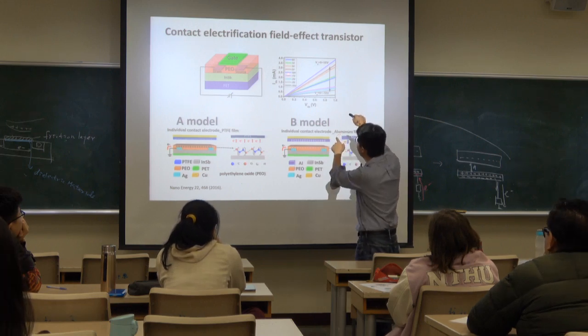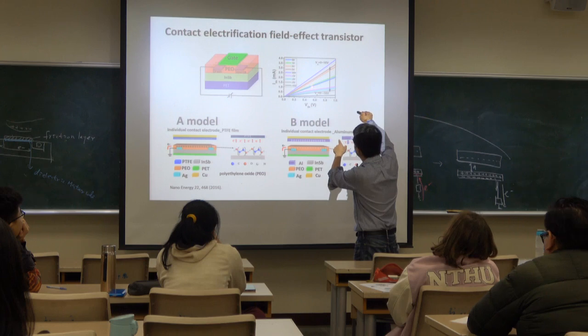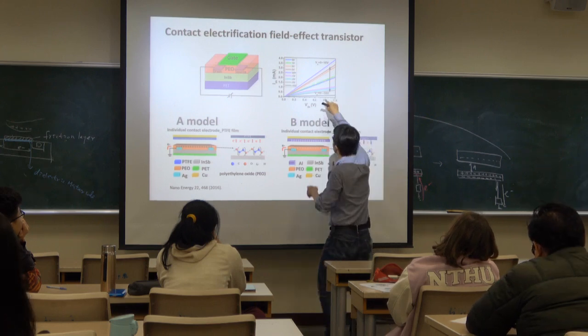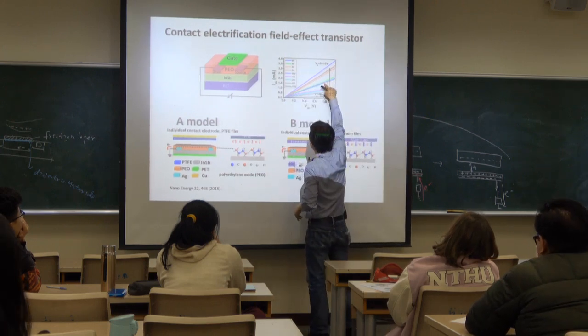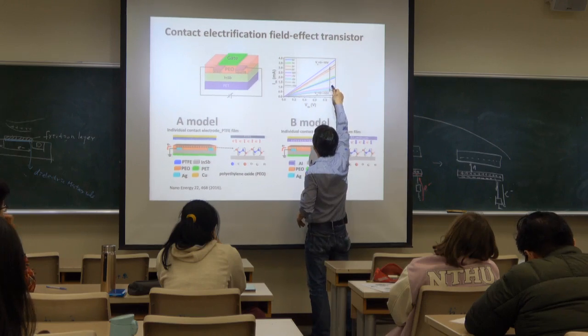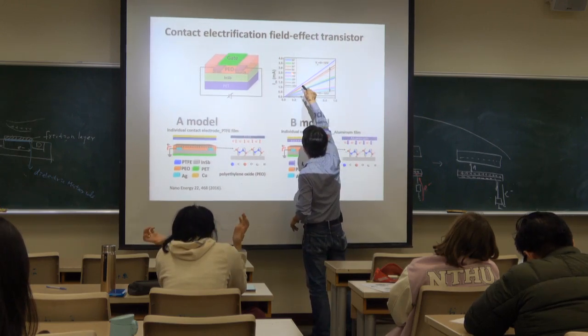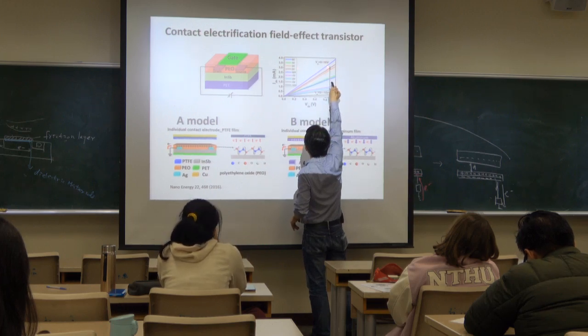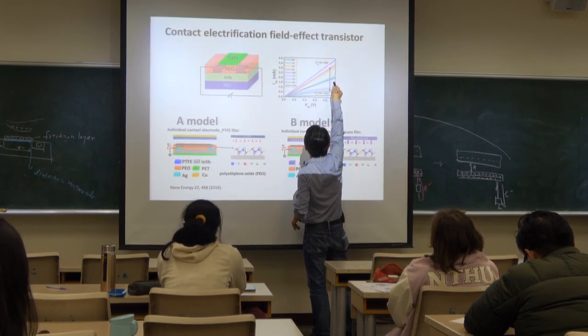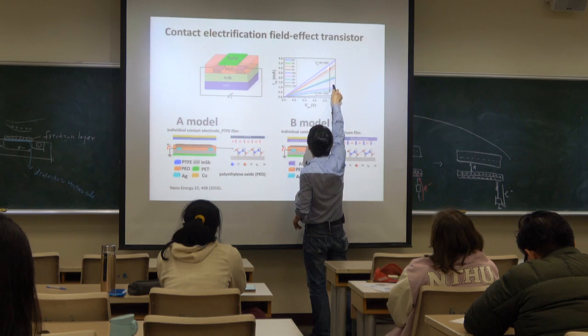Again, you can see 0 gate bias is right here. Once I apply a positive bias, you can see the IDS increase as VDS increases, right?